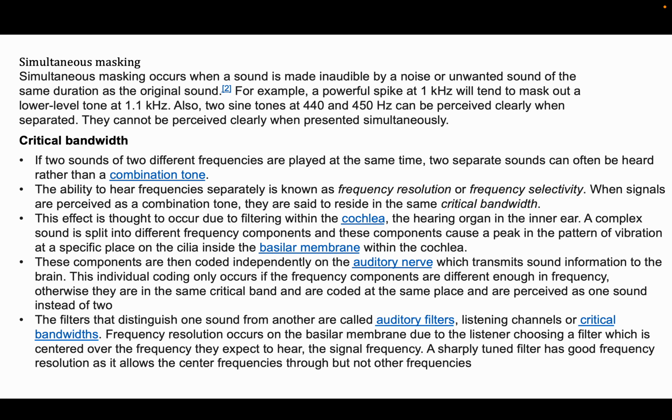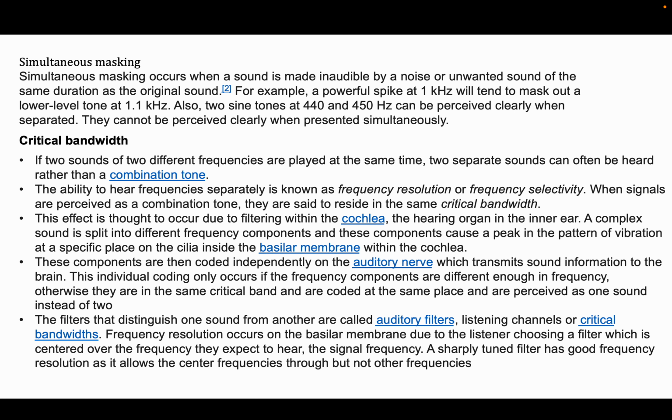The filters that distinguish one sound from another are called auditory filters, listening channels, or critical bandwidths, as we discussed earlier. Frequency resolution occurs on the basilar membrane due to the listener choosing a filter which is centered over the frequency that they expect to hear, the signal frequency.